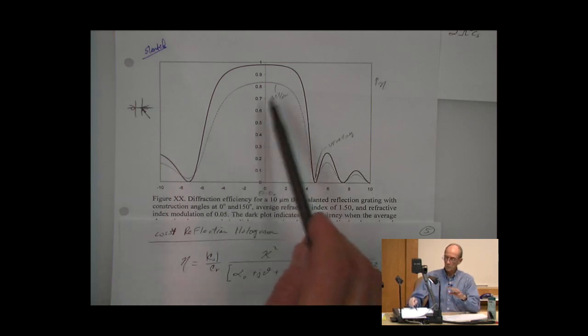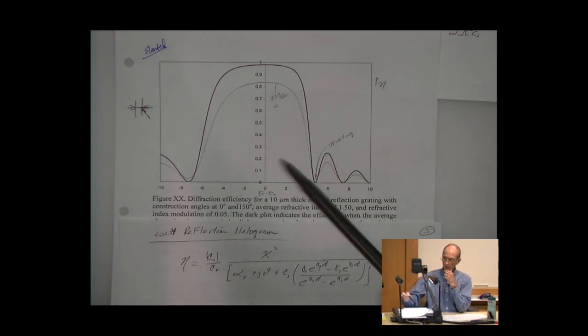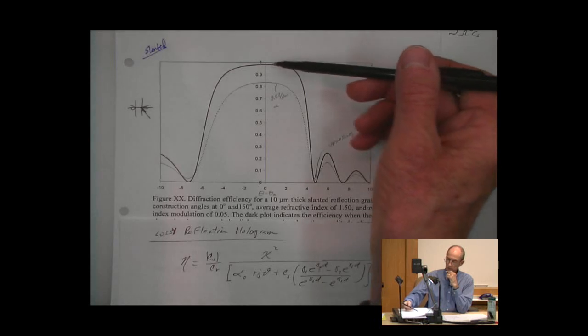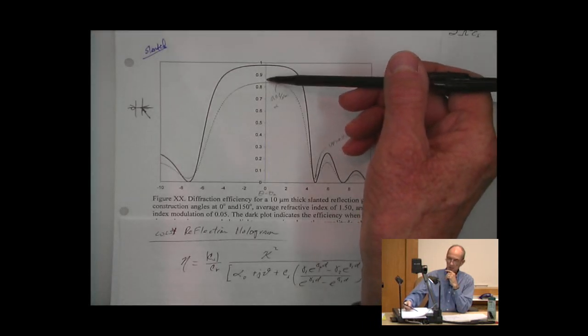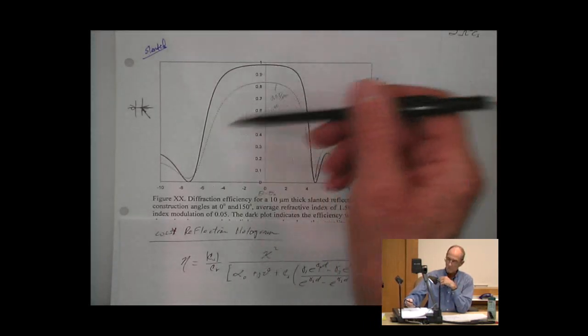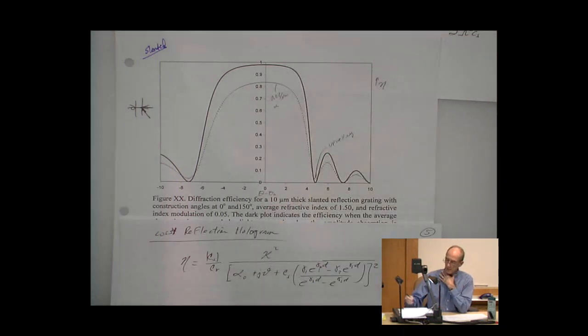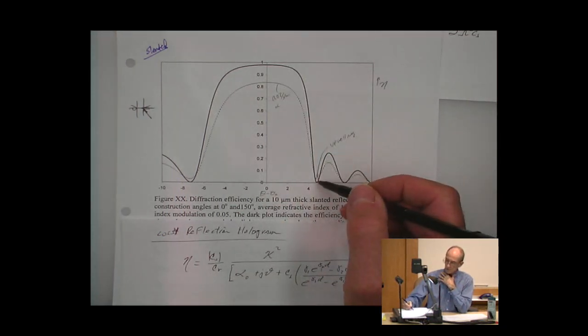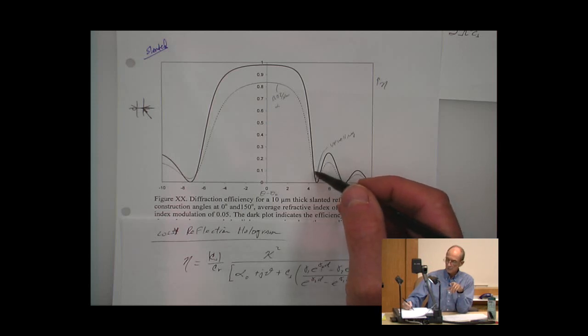Now, if you add some loss, as you might expect, you get a drop in the peak efficiency. The curve looks reasonably much the same, but another important result is that these nulls don't go all the way to 0. Whenever you see that in a diffraction efficiency curve, it tells you there's a little bit of residual loss in that hologram.